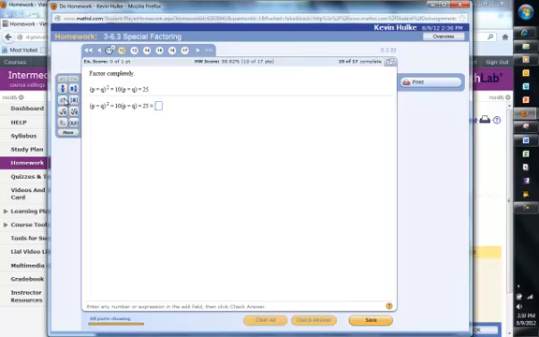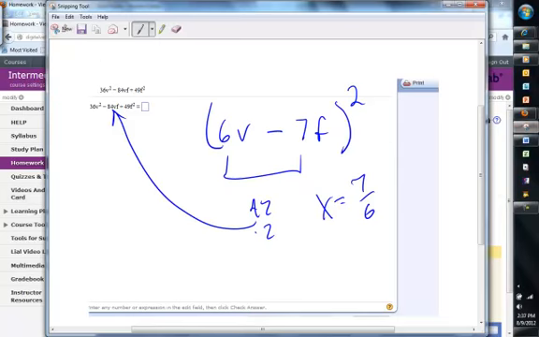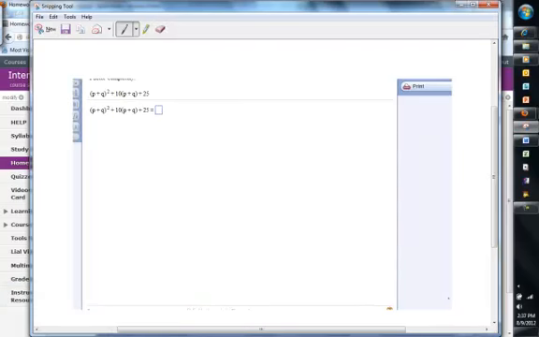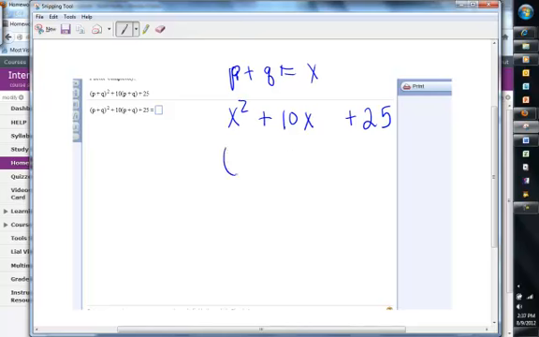12. Factor this completely. I'm going to do a little substitution here. P plus Q, I'm going to say equals X. So I've got X squared plus 10X plus 25. Now that we know can factor into X plus 5 squared.